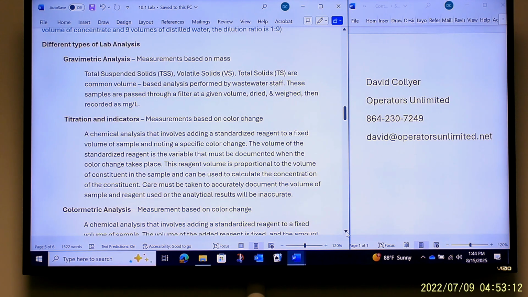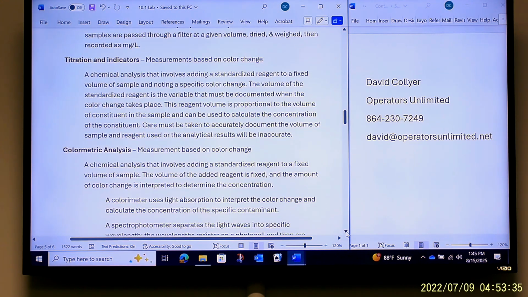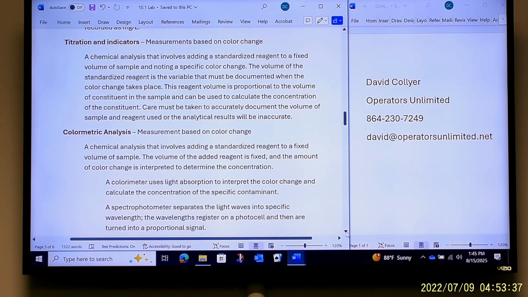This reagent volume is proportional to the volume of constituent in the sample and can be used to calculate the concentration of the constituent. Care must be taken to accurately document the volume of sample and reagent used, or the analytical result will be inaccurate. Again, that was a titration.